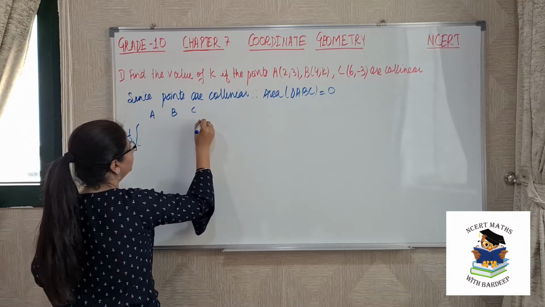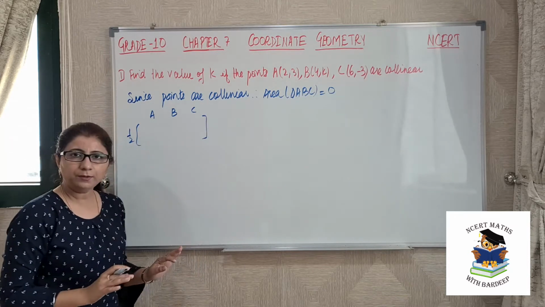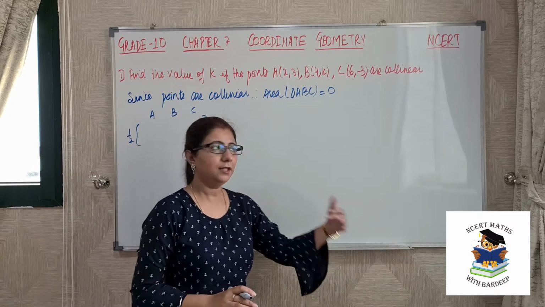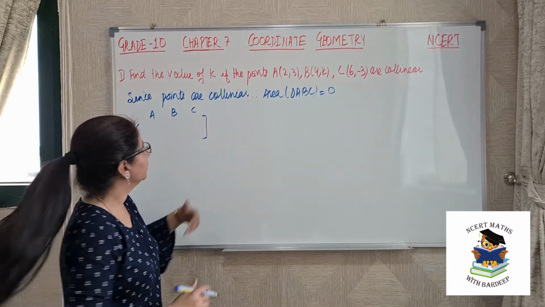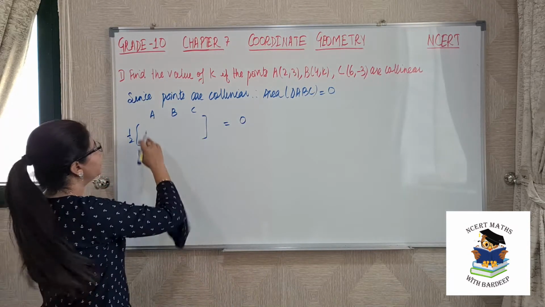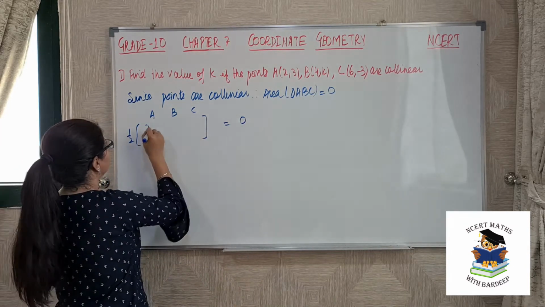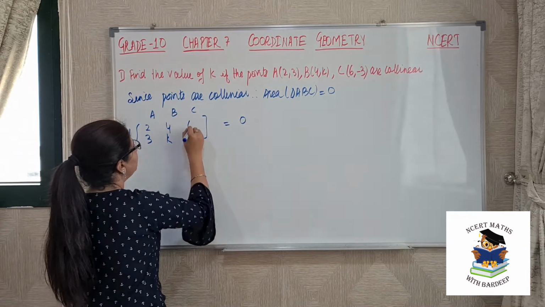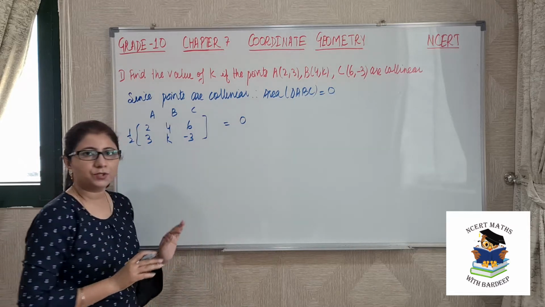So you are free to use any method. If you can memorize the formula, directly use that, but I prefer using this. Okay, so this should be equal to 0. So let's put the vertices. A is 2, 3, B is 4, k, and then C is 6, minus 3.